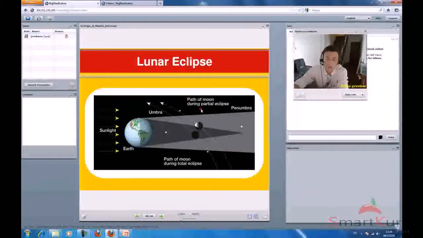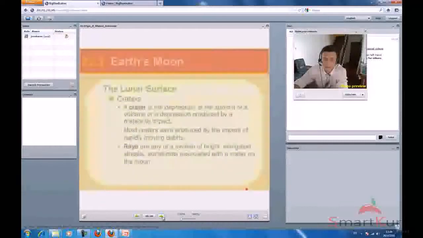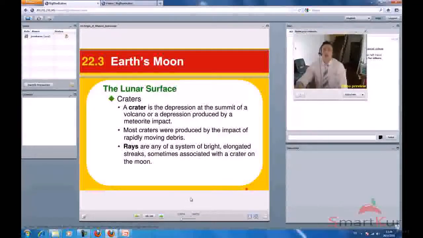With a lunar eclipse, the Earth is between the Sun and the Moon. And when this happens, you can see the Moon go dark. And you can see from the picture that this is going to happen during a full moon when the light side of the Moon is facing the Earth.